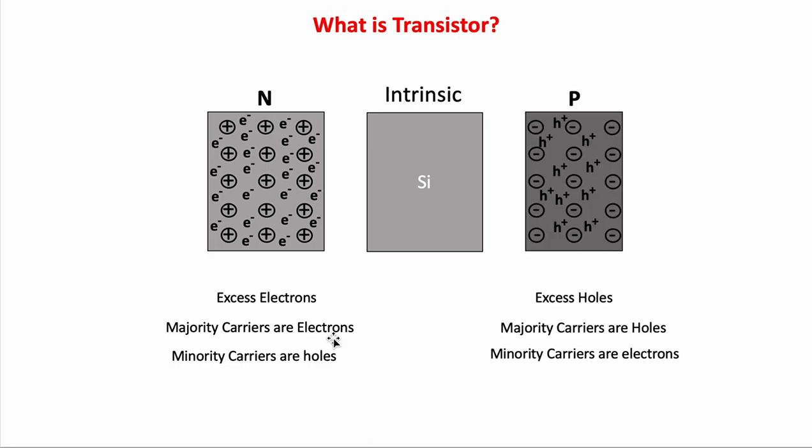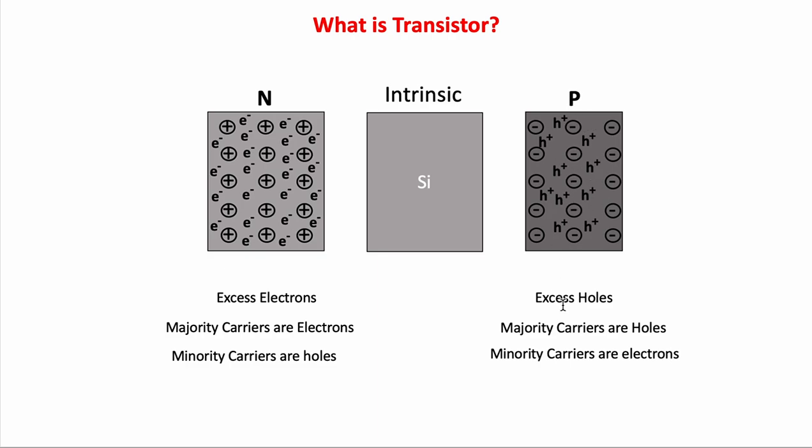Okay, so if we dope silicon with group 3A elements, such as boron, aluminum, gallium, and so on and so forth, we will get a P-type semiconductor. Since the holes are positive, from the P, we call them P-type semiconductor elements.